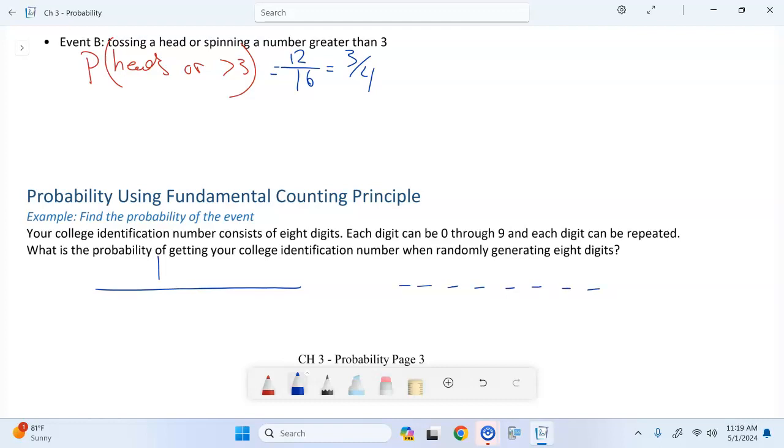And how many options for each of those digits? 10 for each digit. So I have 10 times 10 times 10 times 10 times 10 times 10 times 10 times 10. So we get 10 to the 8th power as the size of our sample space. So we get 1 over 100 million as our probability.